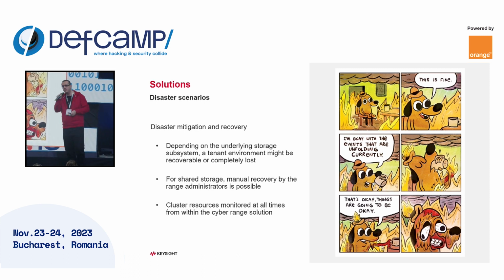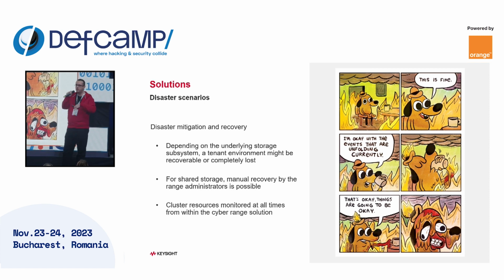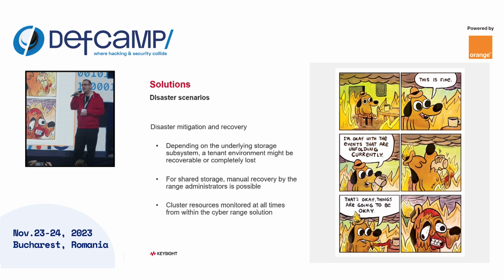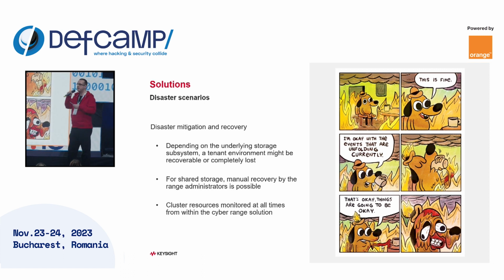On the other hand, if you have a failure in the power system and you restart the failed node, it will just be added back to the cluster and everything will be managed by the cyber range infrastructure: the cluster, the hypervisor options, and the starting and stopping of the virtual machines.